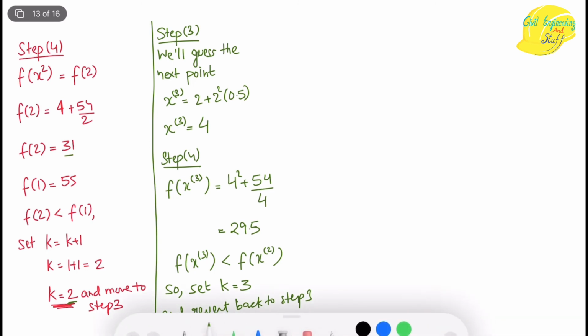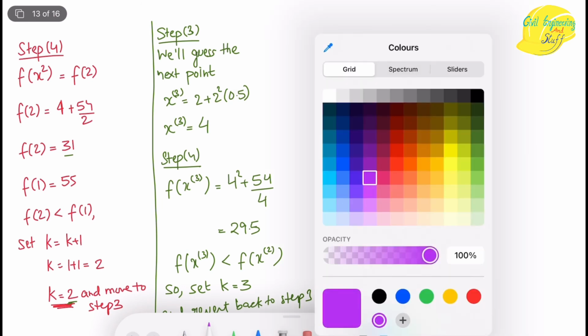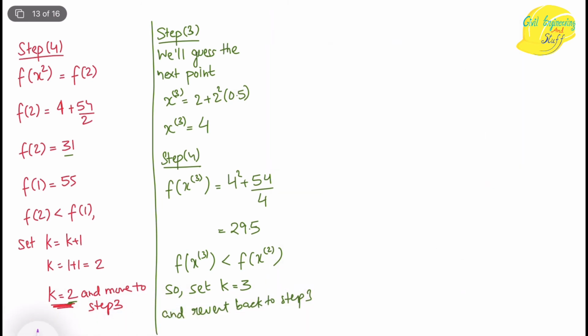That's the only purpose of writing things. So I encourage you also, while solving, to write these statements, so as to ease out the step procedures. Let us revert back to step 3.